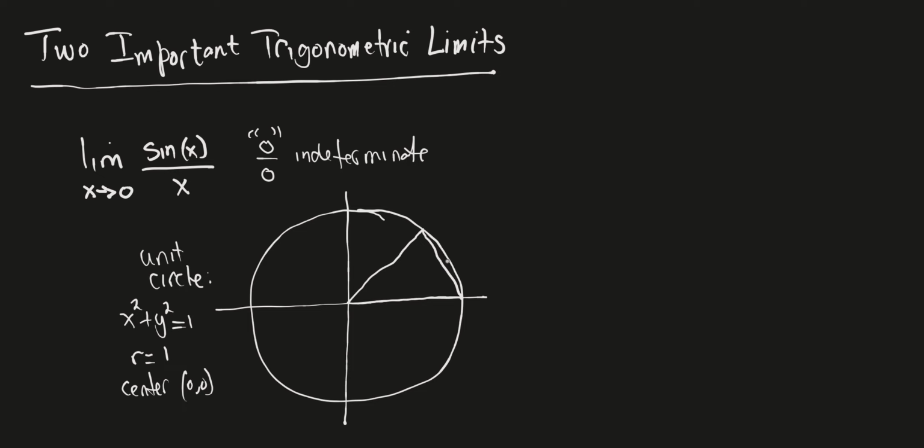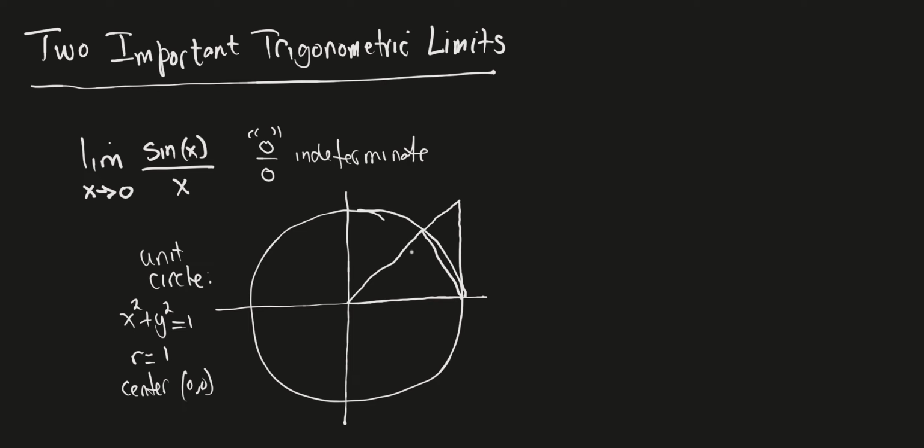And then we have a sector that has a little bit extra area there. And then finally, I'm going to look at a slightly bigger triangle that goes outside of the sector and then comes down here, right? So we have two triangles and a sector, and what we're going to try to do is to try to figure out the area of each of these, right?